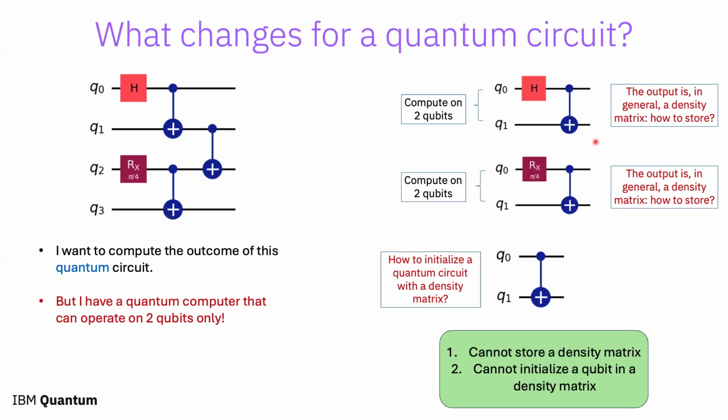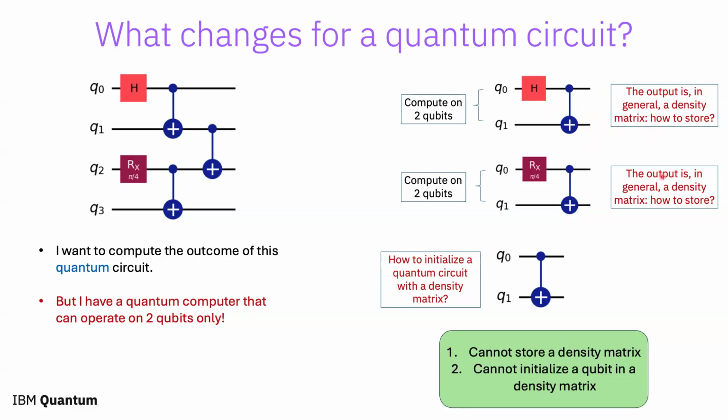But in general, if I give you a most general circuit, this will become a density matrix. So how do you store a density matrix? That's not very simple. Perhaps it's not even possible, because it's a classical probability distribution of different quantum states. So how do you really store a distribution like that?